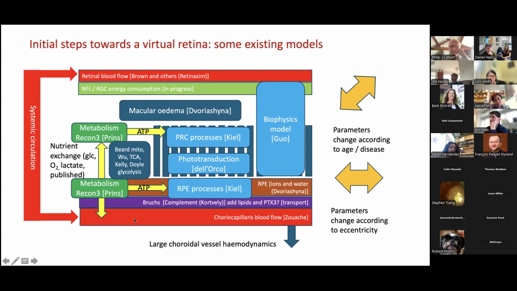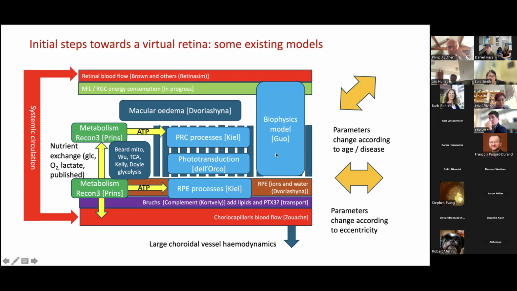Choroidal blood flow is work in progress. There are models of Bruch's transport and even complement activation, albeit in other contexts. We've started trying to model metabolism in a rather simplistic way. And in the literature, there are good models of metabolism we can try and leverage off.